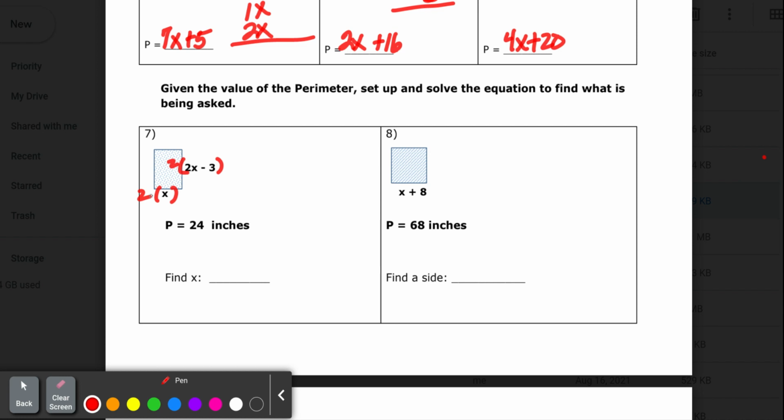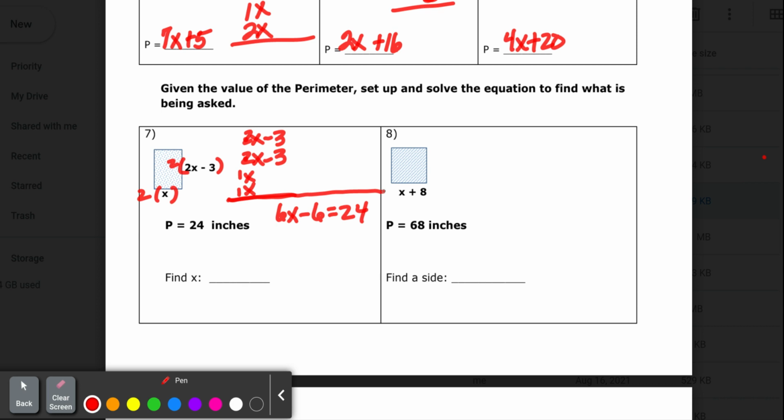Or if you want to line them up, so 2x minus 3, 2x minus 3, and then we have an x and an x. So this gives us 2 and 2 make 4, 5, 6 x's. And then minus 3 and minus 3 is minus 6. This is equal to 24.